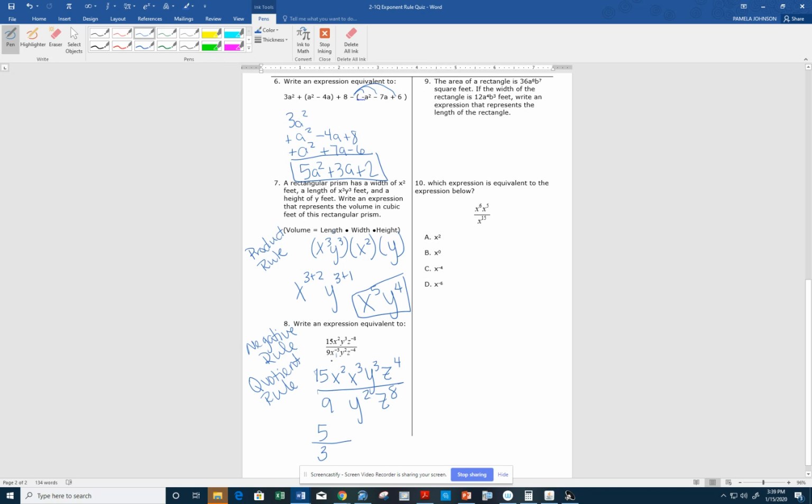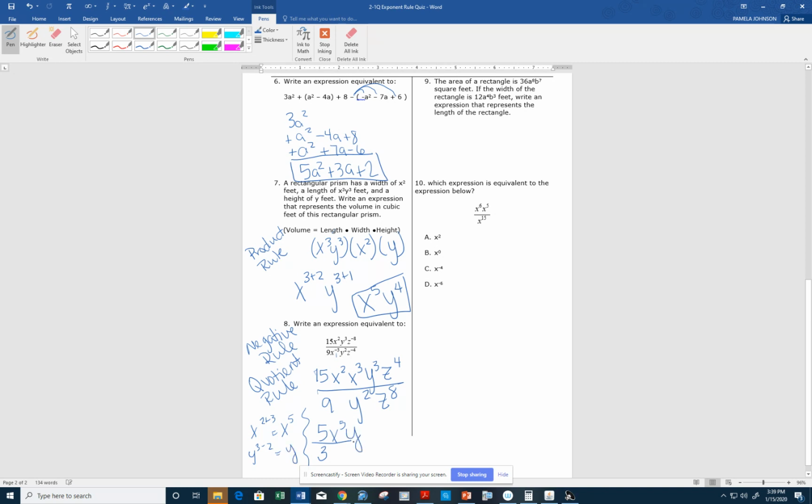Now that I've moved things around so I only have positive exponents, my x's have a product rule going on, because x times x. So 2 plus 3, I'll have x to the 5th power. My y's, I'm going to have y to the 3rd minus 2, so it's just going to give me a y.